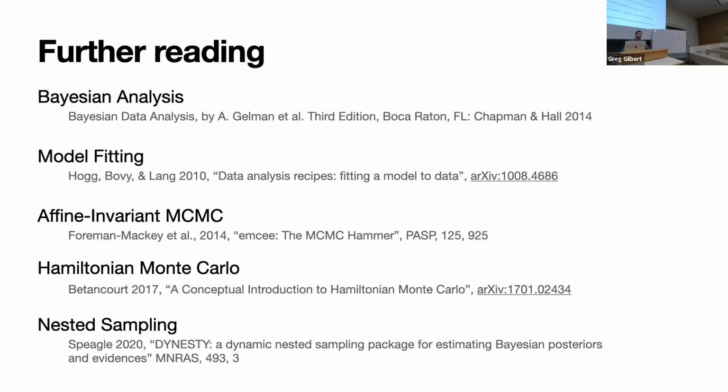All right, and this right here is probably the most important slide I'll show all week. These are basically all of the references that are my statistics Bibles.